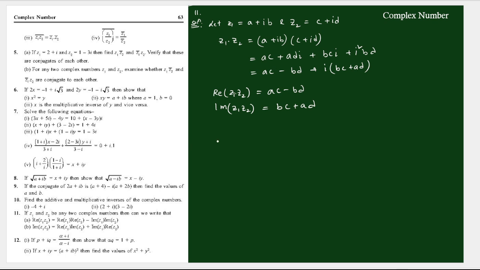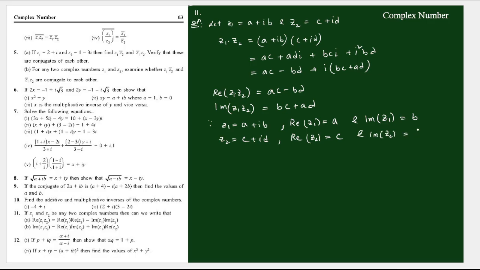Okay, let's write it. Since z1 equal to a plus ib, so the real part of z1 will be how much? a, and imaginary part of z1 will be b. z2 is how much? c plus id. So real part of z2 will be c, and imaginary part of z2 will be d.